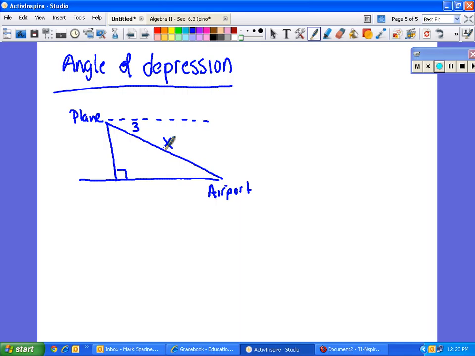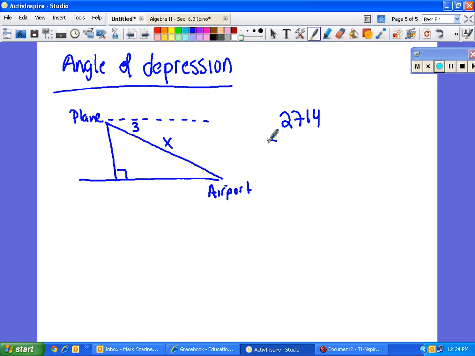So the plane is 2,714 feet up, but we are told that the airport itself is 1,007 feet off the ground. So to get the value to plug in here, we don't want to know how far it is from the plane to the ground. We want to know how far it is from the plane to the airport.